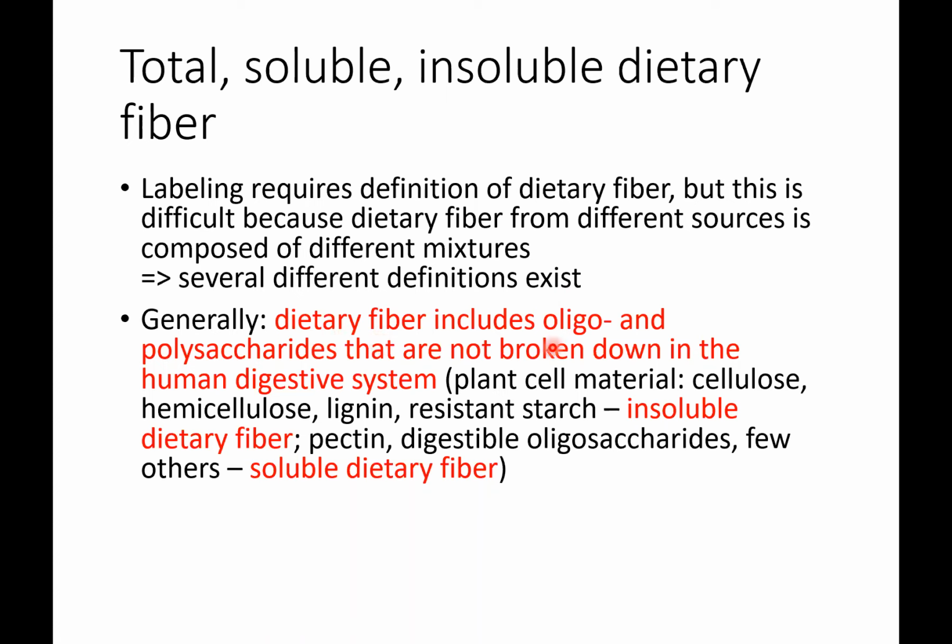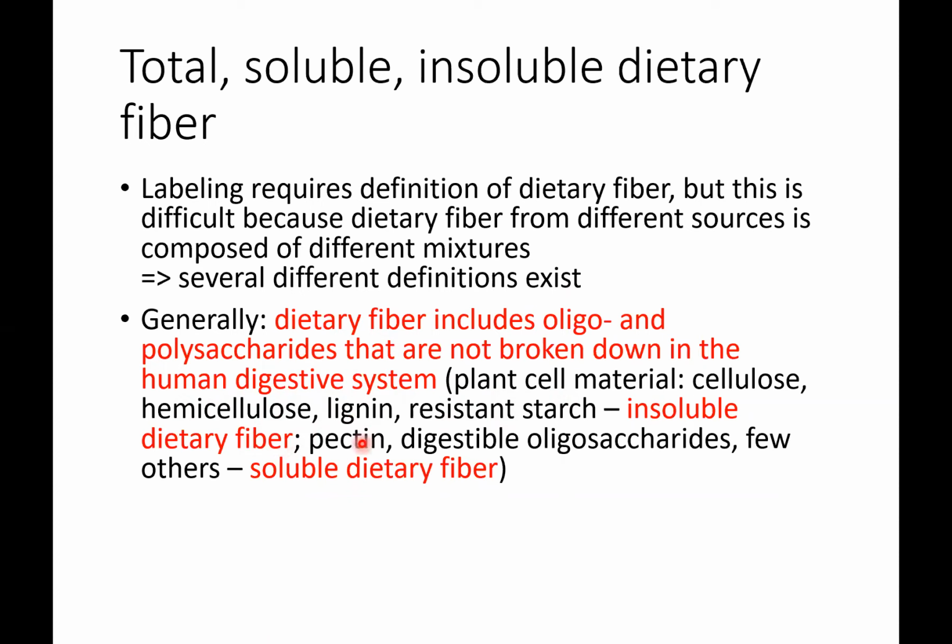Dietary fiber includes oligo- and polysaccharides that are not broken down in the human digestive system. Plant cell material, this is cellulose, hemicellulose, lignin. I don't know if lignin really belongs to that, resistant starch. That's called insoluble dietary fiber.